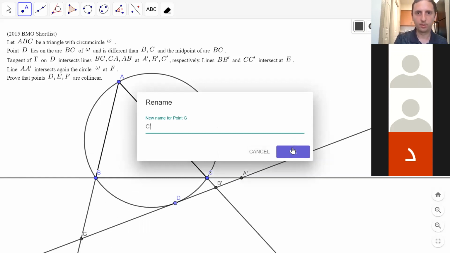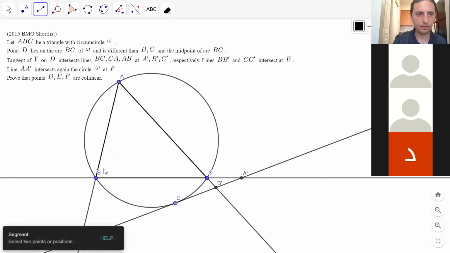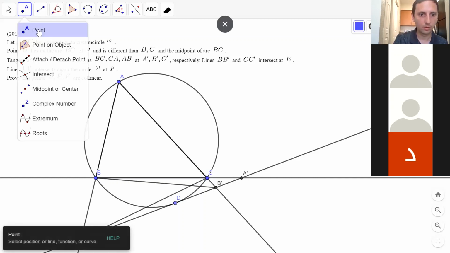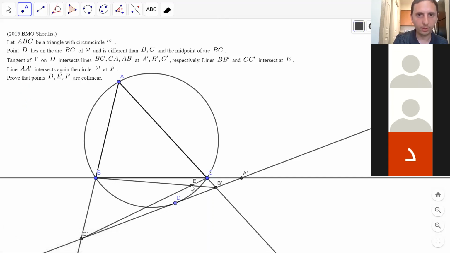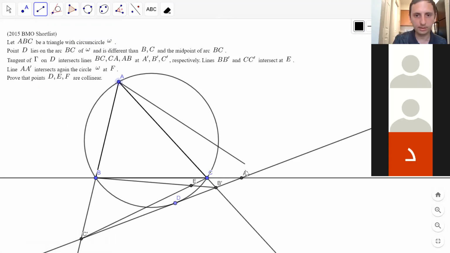And then B, B prime, and C, C prime intersect at E. And A prime intersects the circle at F. And we want to show that B, E, and F are collinear.